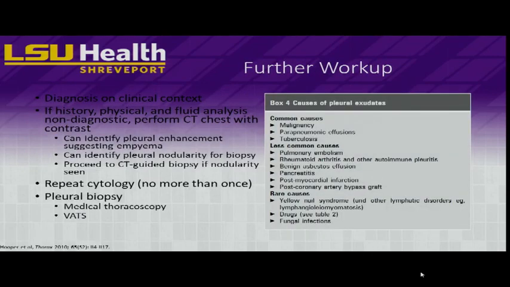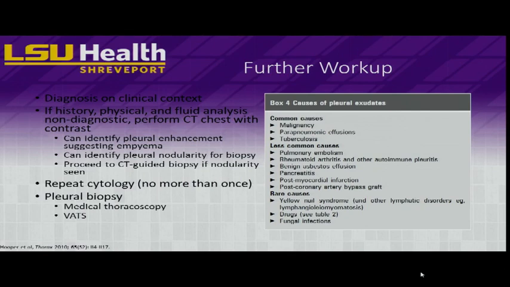Okay, so if you get an exudate, then you do have to go into further workup. And the further workup is generally based on your common causes of exudative effusion. So your big three are malignancy, parapneumonic effusions, and pleural tuberculosis. Some of your less common causes, a lot of the time you're going to be able to get by history.